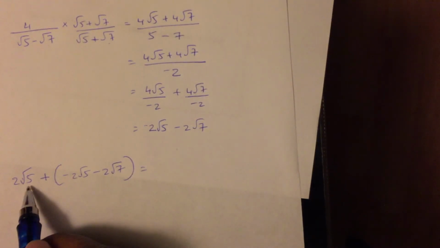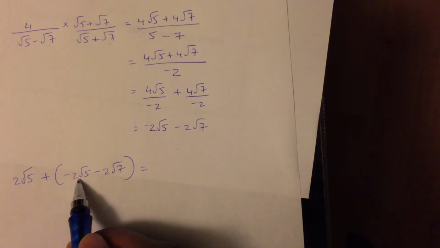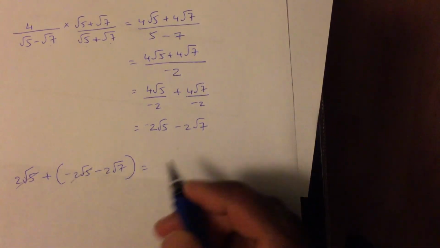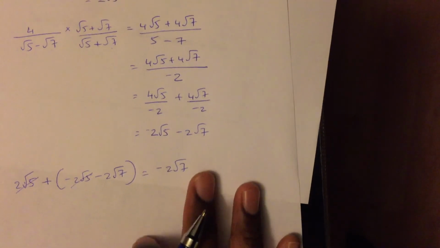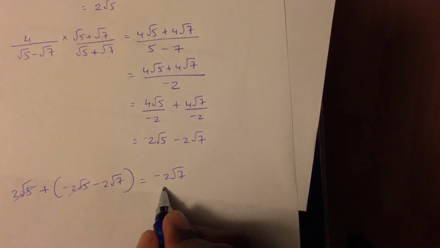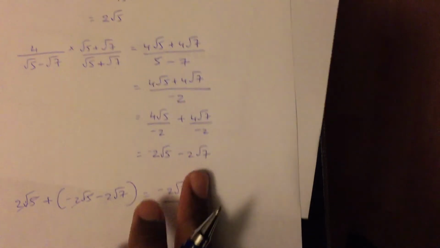So 2 square root of 5 minus 2 square root of 5 cancel each other, and we are left with minus 2 square root of 7. So that will be our answer, minus 2 square root of 7.